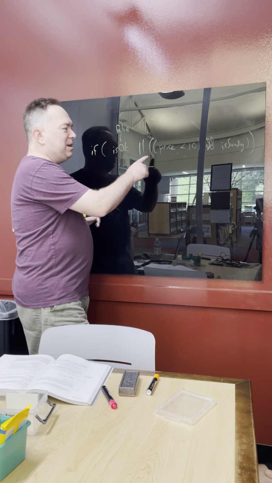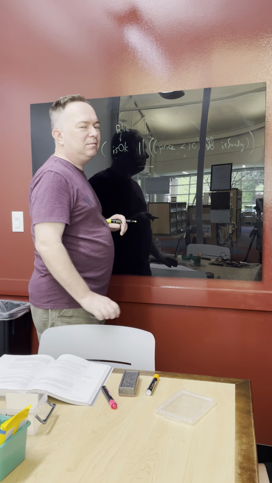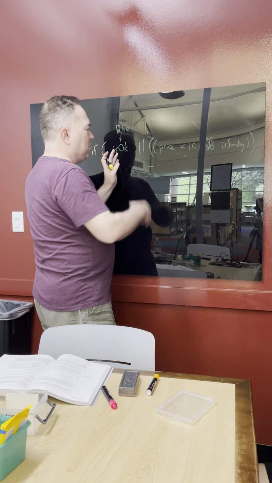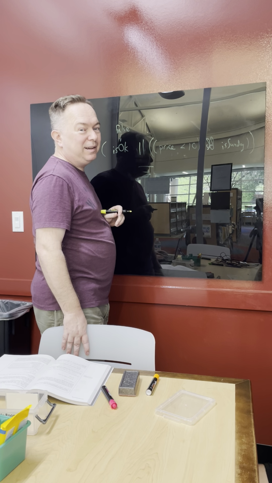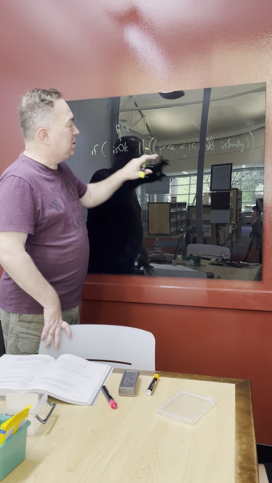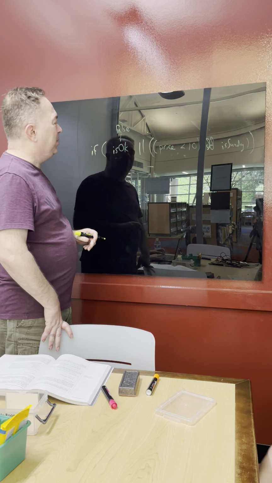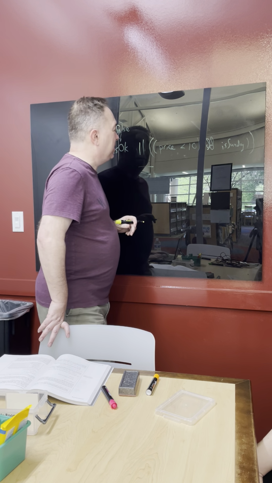This is false. Do we even need the rest of this? Because remember, it's this or this. We do, don't we? Because we need at least one of them to be true. We know this is false, but this might be true. So we have to keep computing all of this stuff, right? We do. So we do need to keep going.